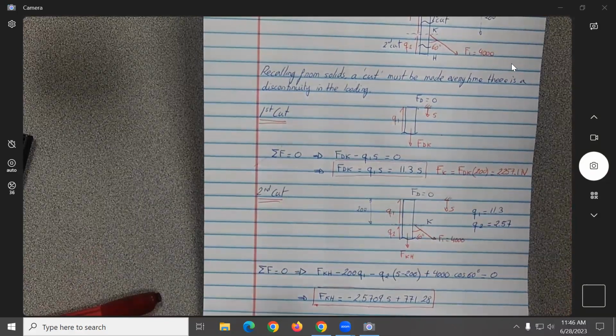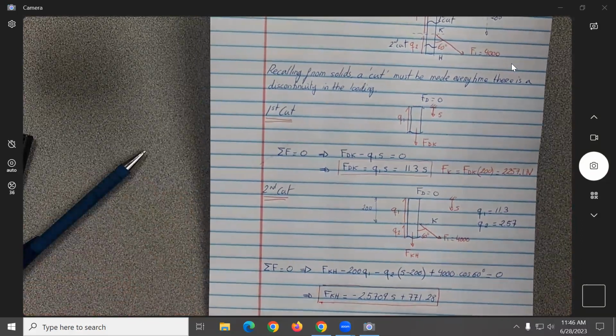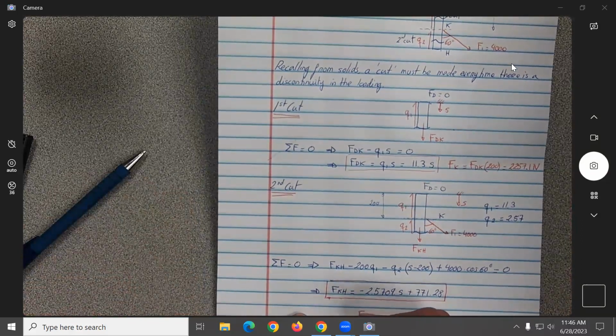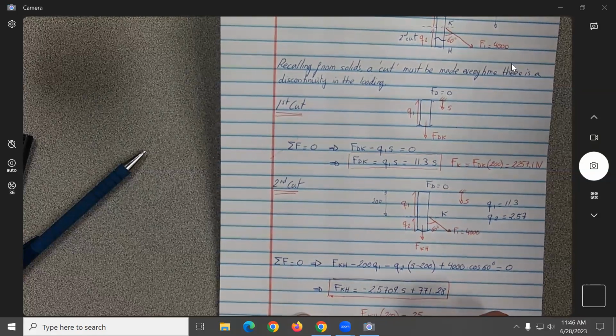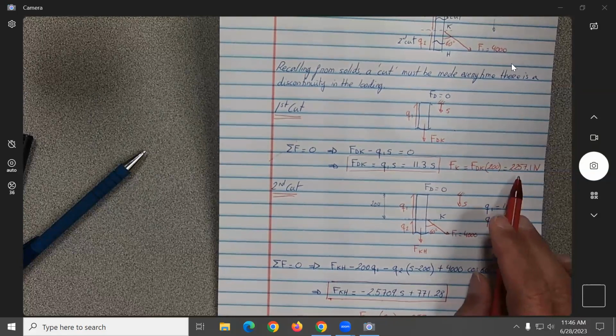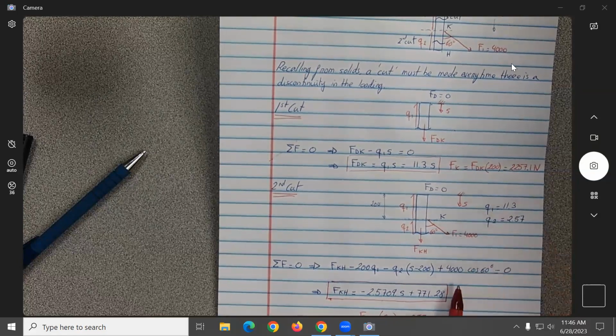Okay, so now if we do the math over here, F KH at 200 should be equal to what? If we didn't make any mistake, F KH gives you, sorry, 257. Basically it's the 2,257 minus the 2,000. It will be 2,000.